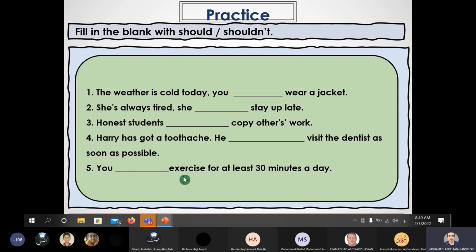Exercise here means to do some sports, like running, walking every day, and so on. That means exercise. Now, students, I will give you only 1 minute and then we start to find the correct answers.